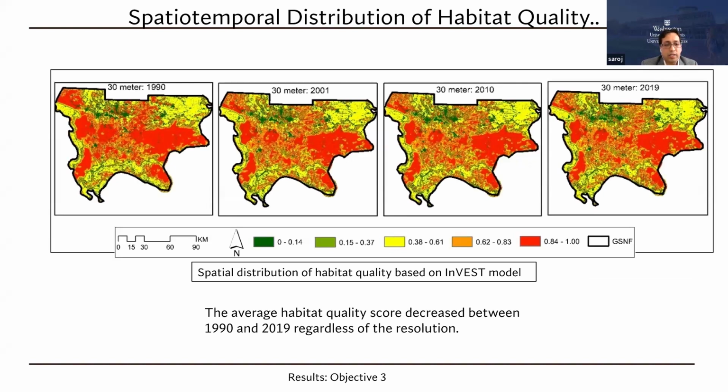The highest quality habitat was on deciduous forest. The agriculture is also moderate habitat quality for bobcat because we did not provide agricultural area as a threat for the species.